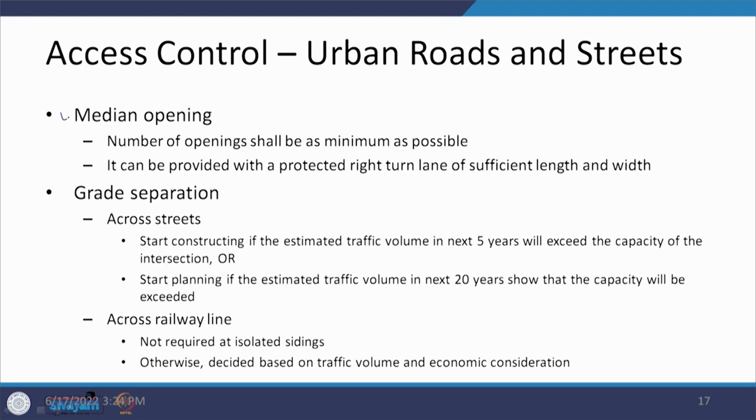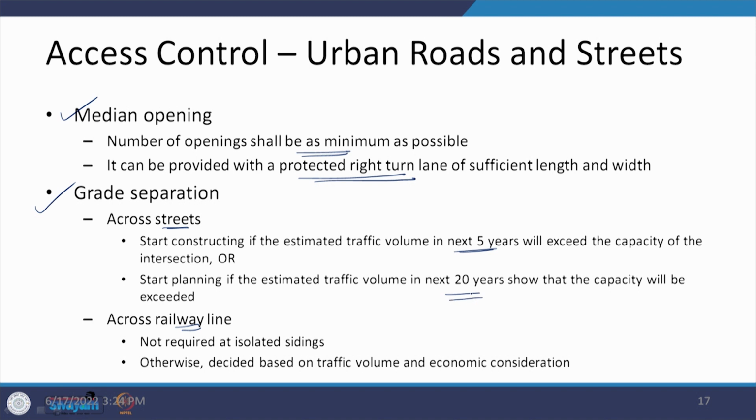When we look at the median opening for urban roads, what it says is that it should be as minimal as possible, and it can be provided with a protected right turning lane of sufficient length if it is being designed. Another thing is the grade separation, and this grade separation can be with respect to street and the railway line. Here two things we are going to talk about. One is what is going to happen in the next 5 years, another is what happens in the next 20 years.